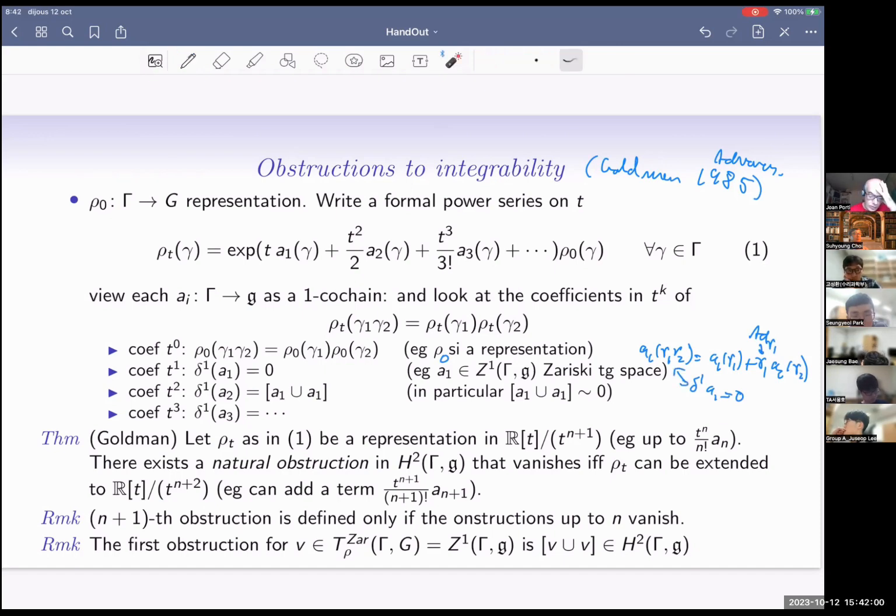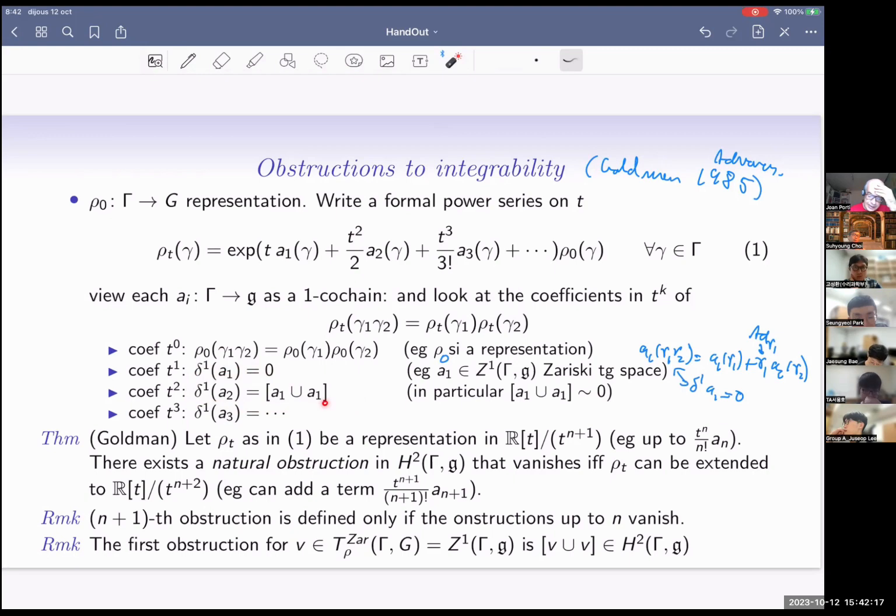So up to now, we are just writing what we know. The point is what comes next, the coefficient with t squared. If we write the coefficient with t squared, I have something like this. This is a cup product.